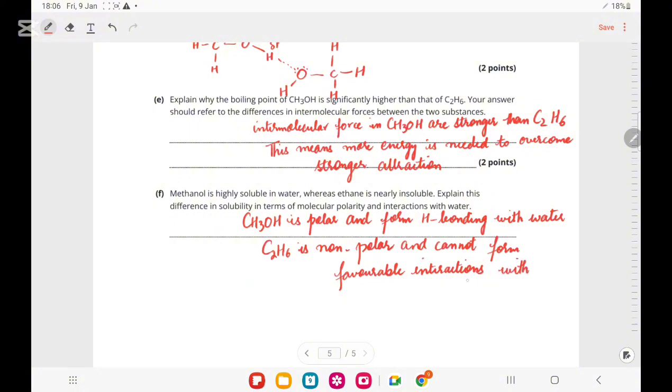So non-polar molecules basically don't dissolve in water.